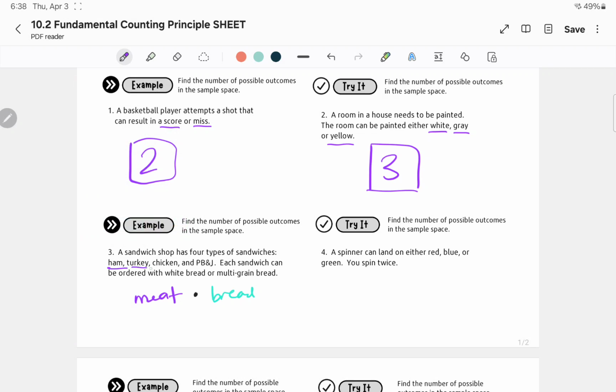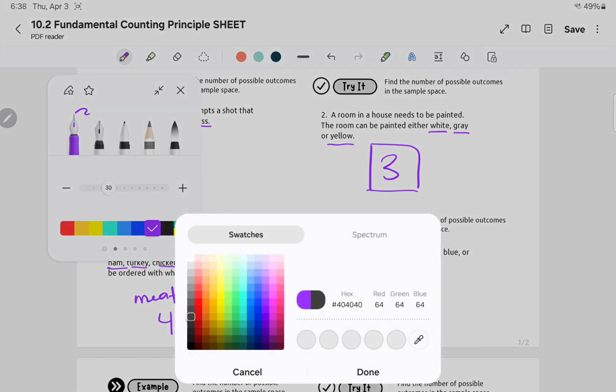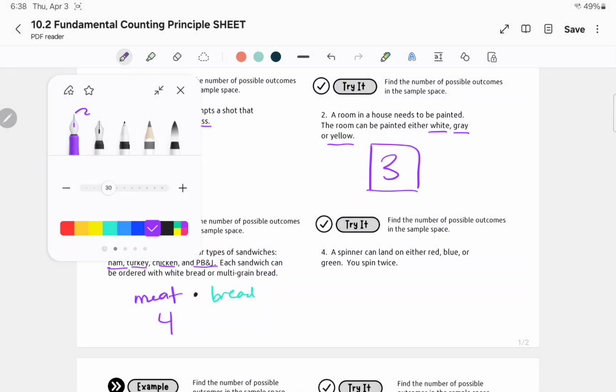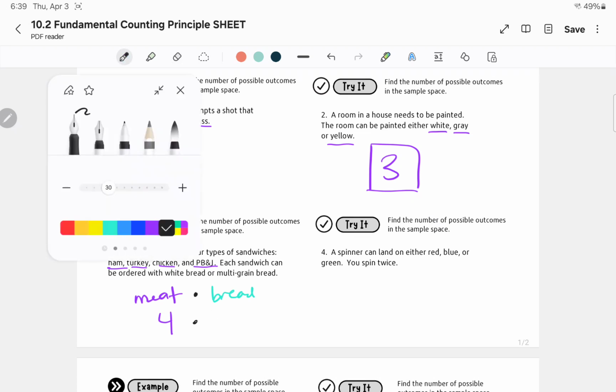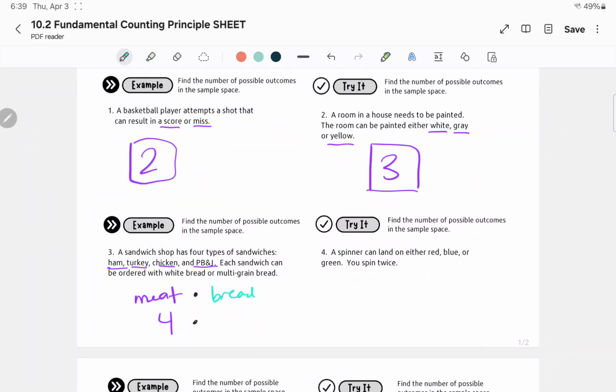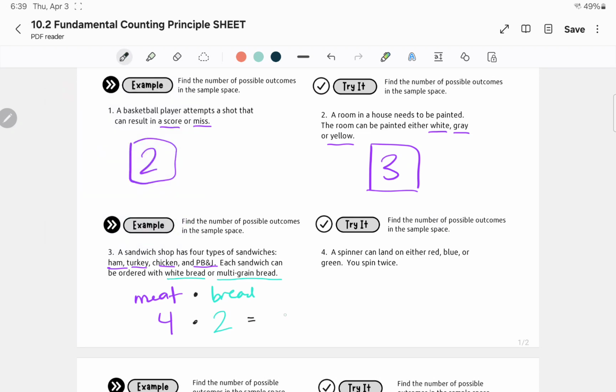Well, there's ham, turkey, chicken, and PB&J. That's 4. Times, let's make that black like I was trying to do. There we go. All right, and how many options for bread? So there's white bread and multigrain bread. That's 2. So all we're doing is multiplying 4 times 2 to get 8.